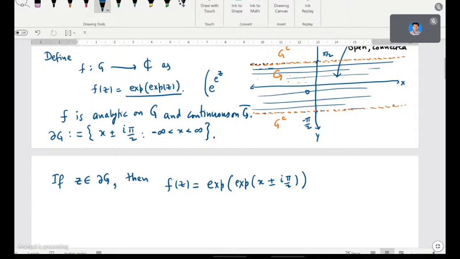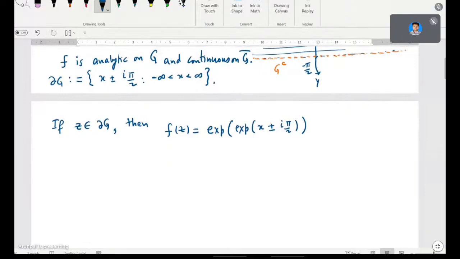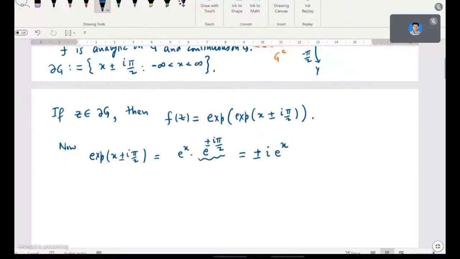Now compute this separately: x plus i pi by 2, e to the power x into e to the power plus minus i pi by 2, and if you elaborate it, you will get plus minus i e to the power x. Is this okay? Very easy.